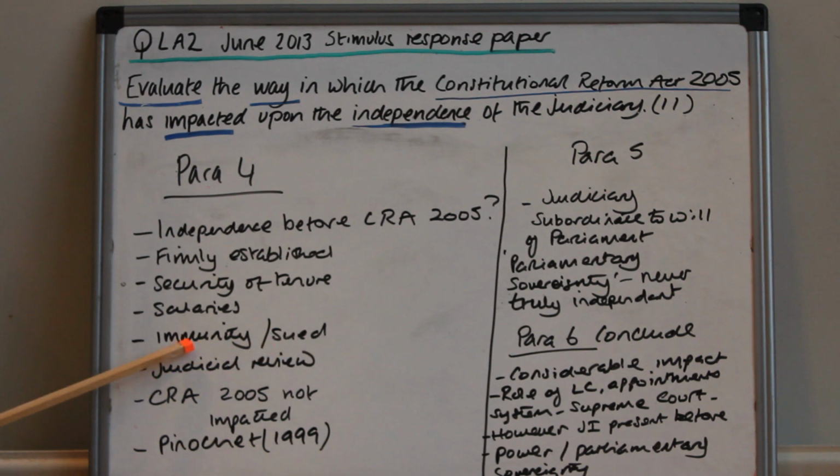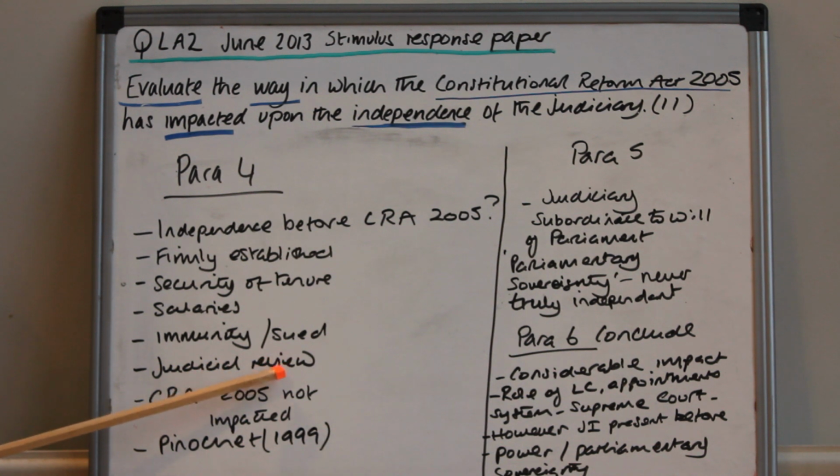So that is a great deal of independence, and of course the Constitutional Reform Act hasn't added to this at all. They also had a great deal of independence in their role within judicial review. Within judicial review, they actually hold the government to account. They did before the Constitutional Reform Act, and they still do. So they scrutinise the government.